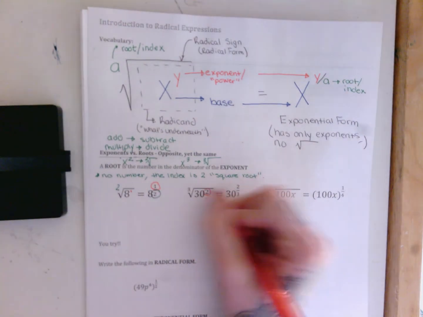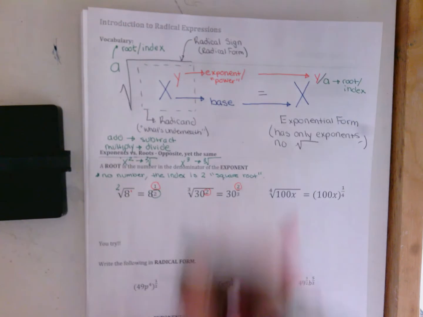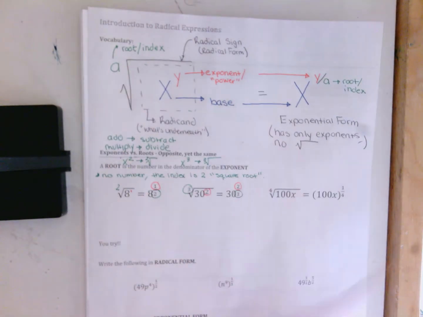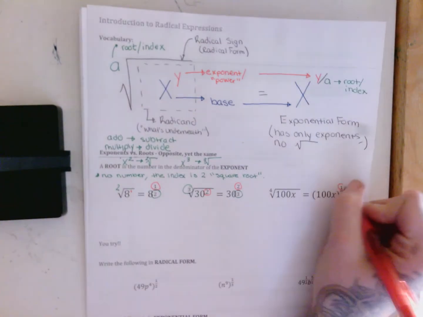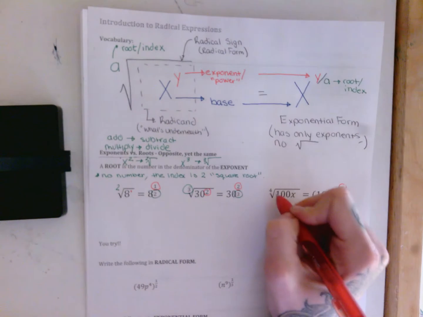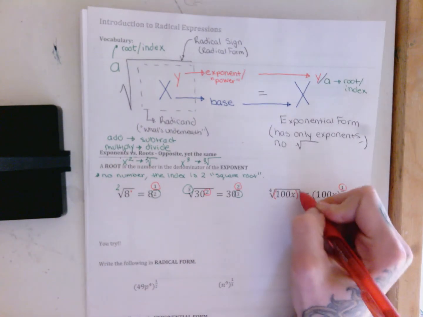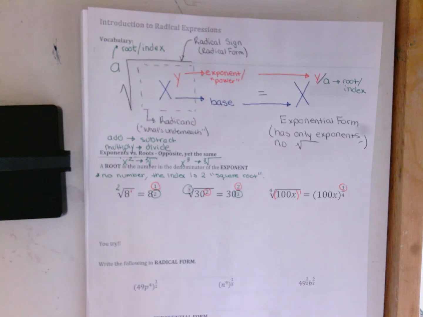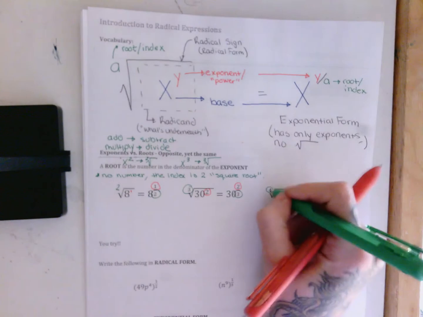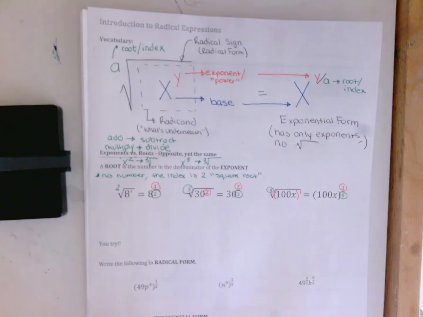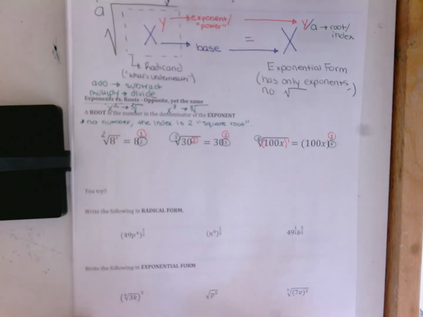Here's the exponent or power. Here's the index or root. Exponent on each and both is 1 and the root here is 4.